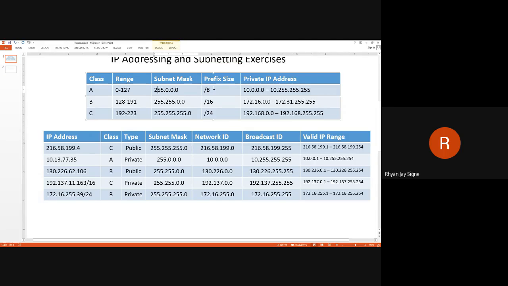So /8 meaning 255.0.0.0. Sa kani sad siya 255.255.0.0, 8 plus 8 equals 16. Diri 255.255.255.0. So kung ato ni convert into binary, 24 ni siya ka 1. So /24.